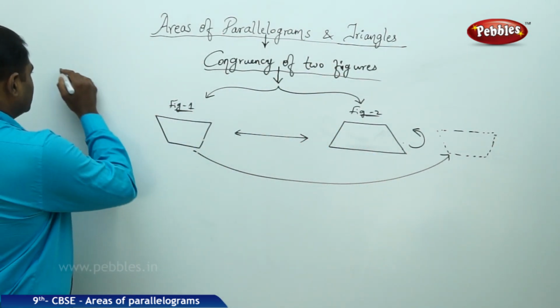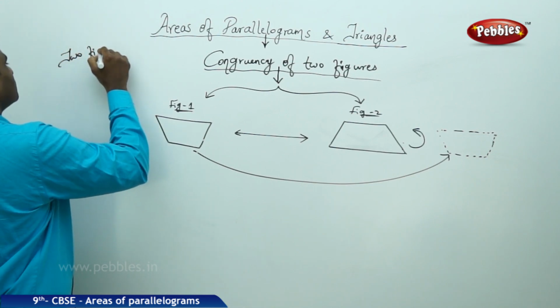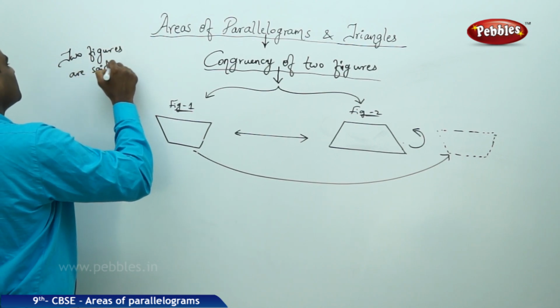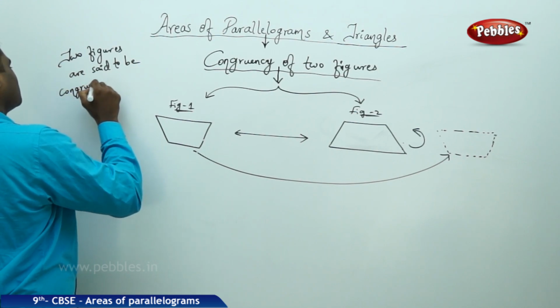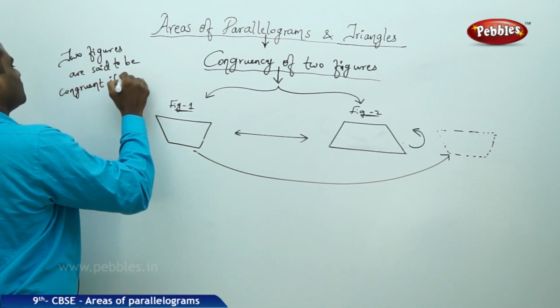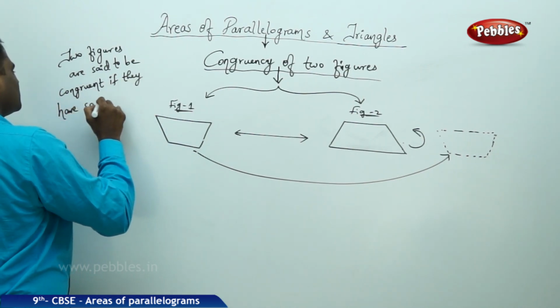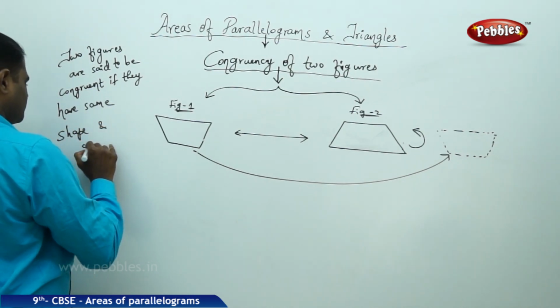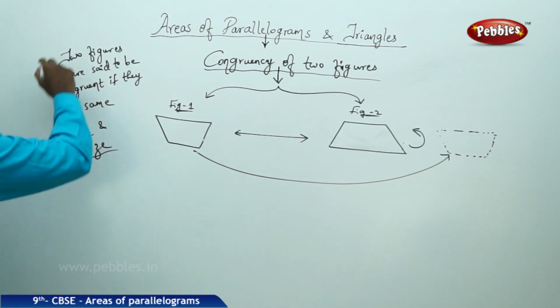So here I define two figures are said to be congruent if they have same shape and size. Is how we define the congruency.